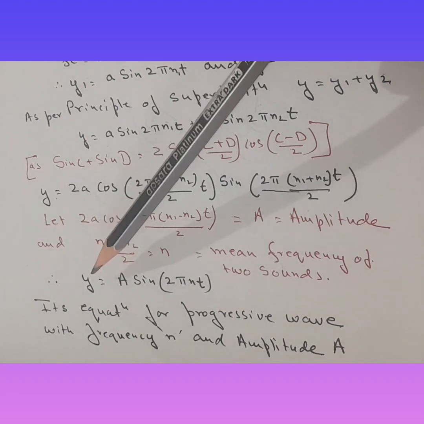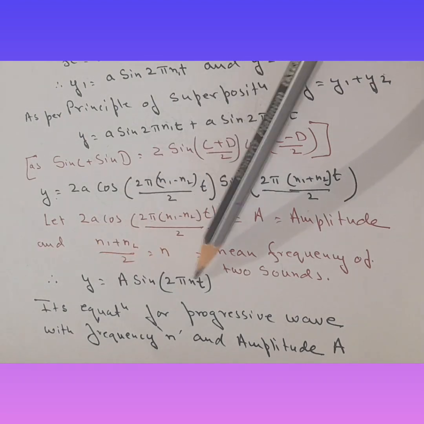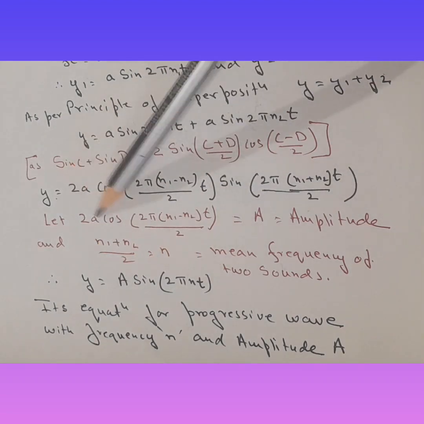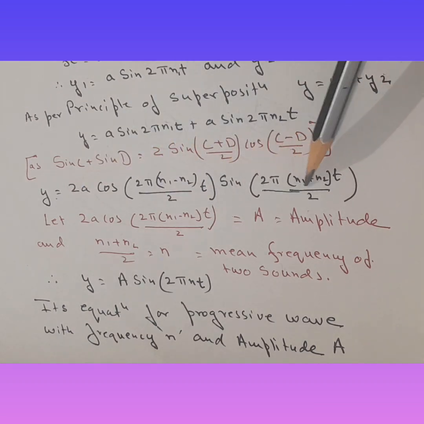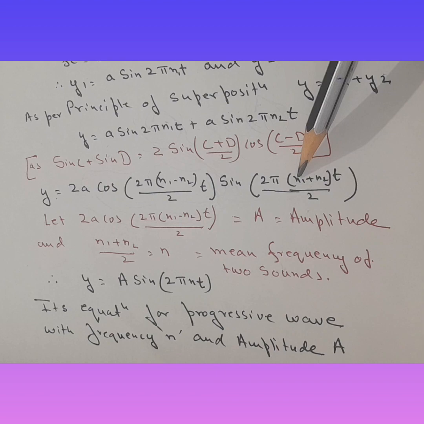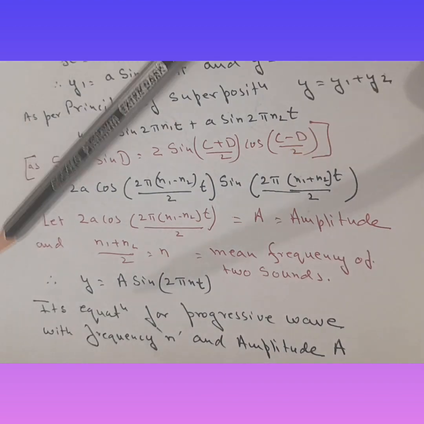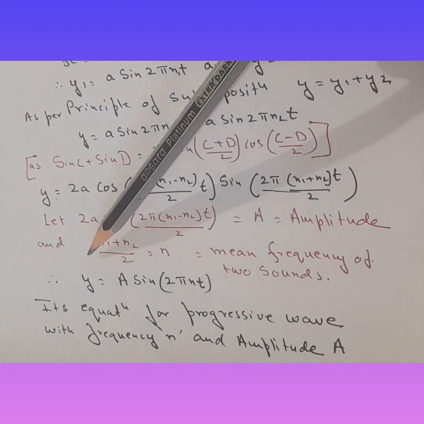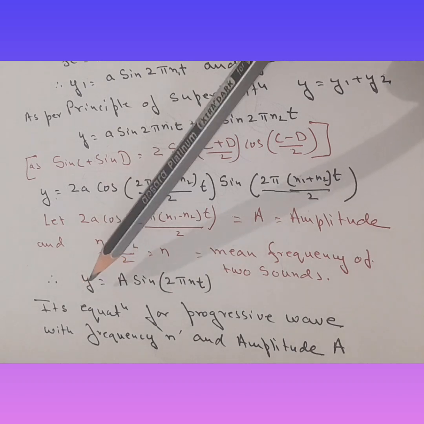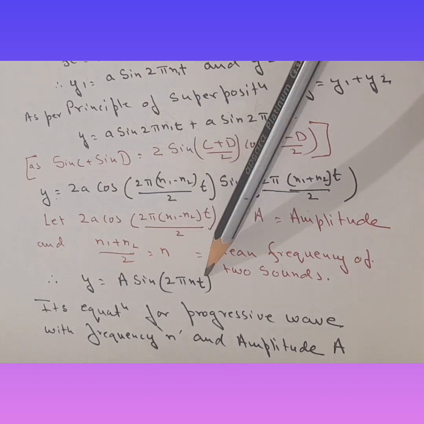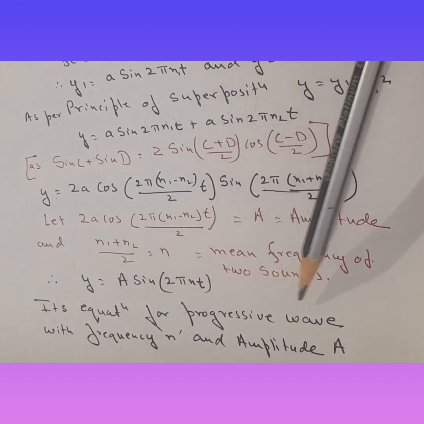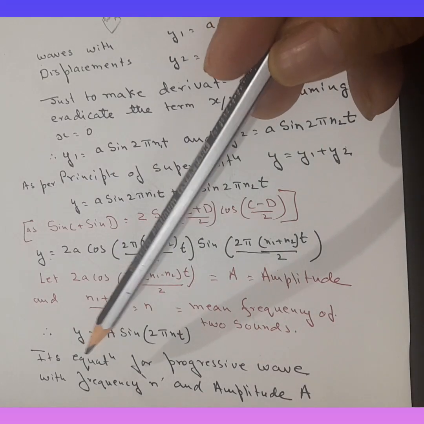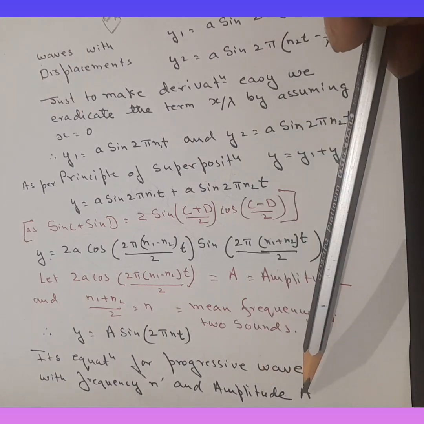Alright, so the equation is y is equal to a sine 2 pi nt. This becomes a, the amplitude, and this becomes n, the frequency, therefore this becomes the equation. That is y is equal to a sine 2 pi nt, and this reminds us of a progressive wave with frequency n and amplitude a.